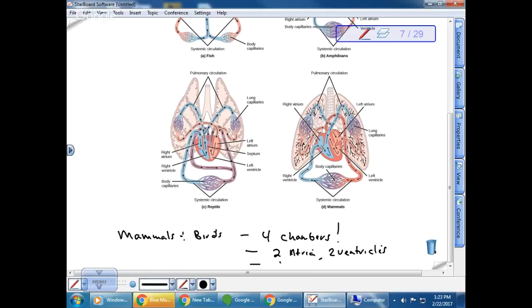And complete separation. Right, separation of oxygen rich and oxygen poor blood.